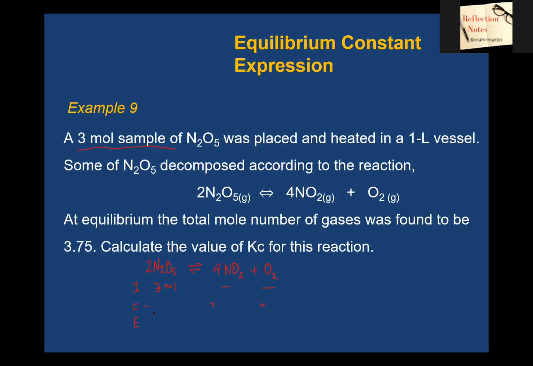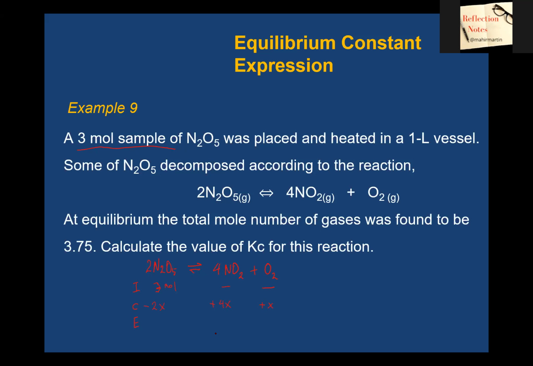We're going to write here in the change x. Let's use the coefficient to make it easy. Because the coefficient is 2, I'm going to write 2x. Now the coefficient is 4, so let me write 4x. And here it is x, isn't it?